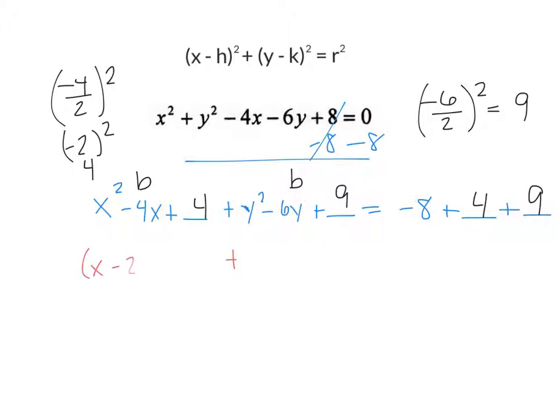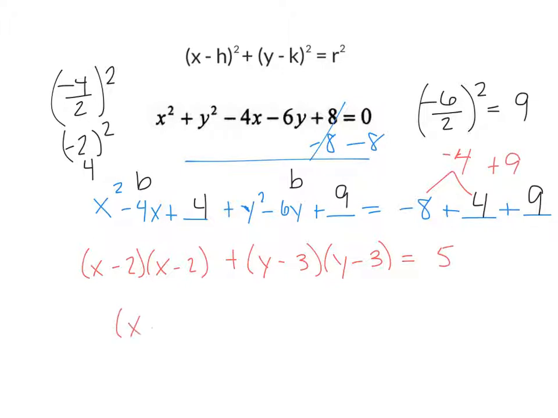For the x's, I get x minus 2 and x minus 2. And for the y's, I get y minus 3 and y minus 3. This becomes a negative 5, negative 4, and then plus 9, that gets you a positive 5. So my center radius form of this circle is this.